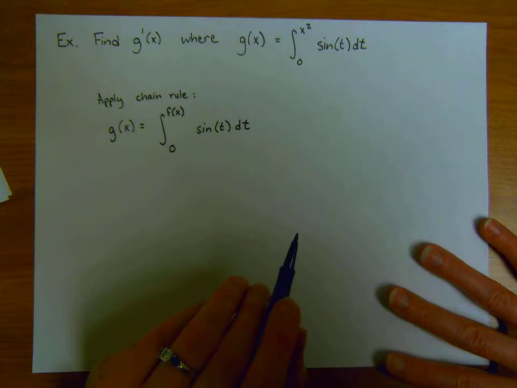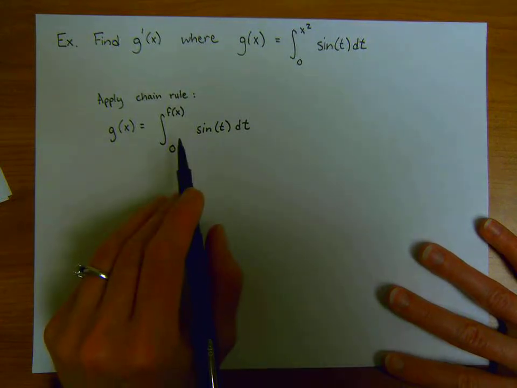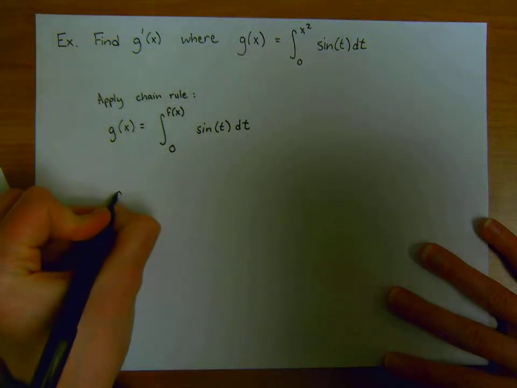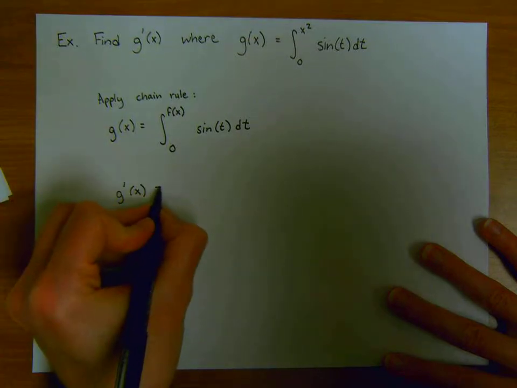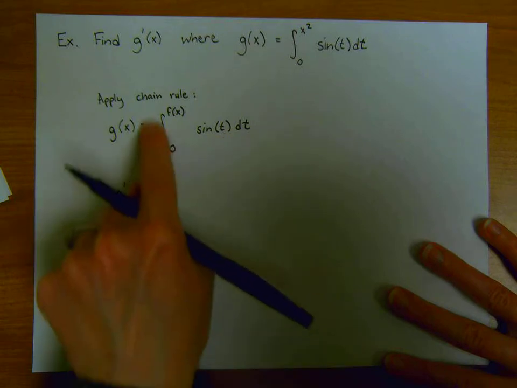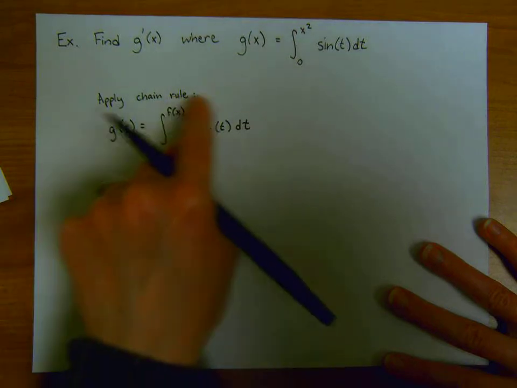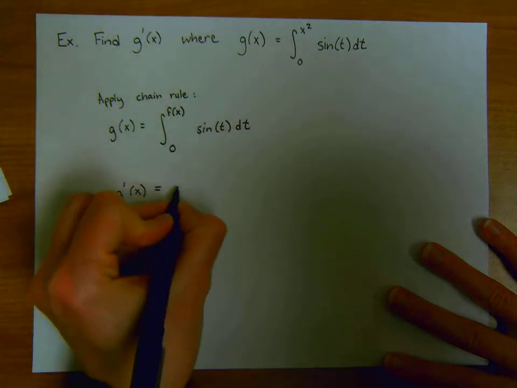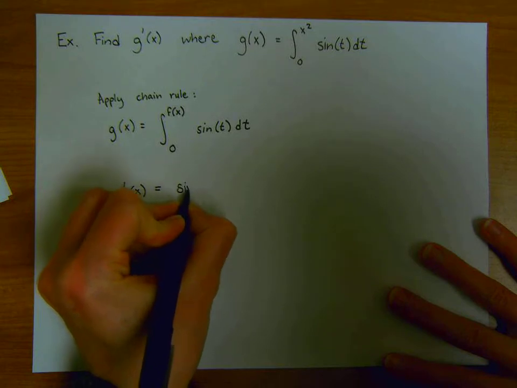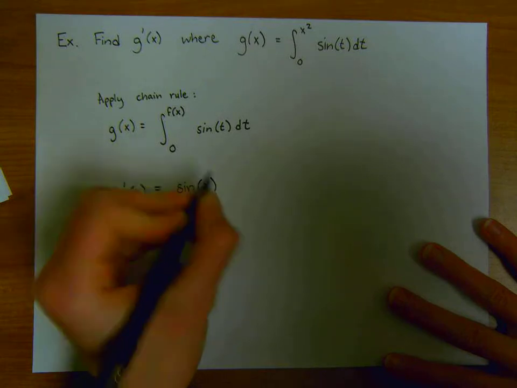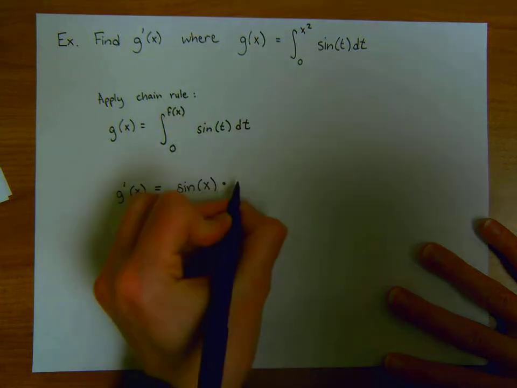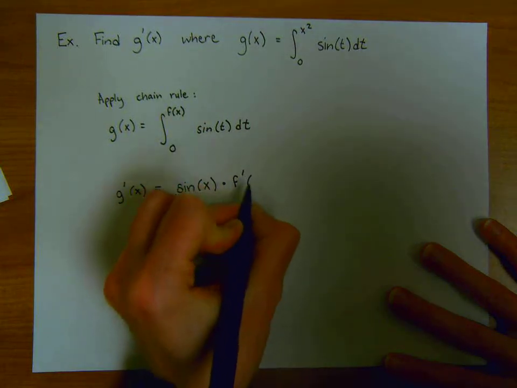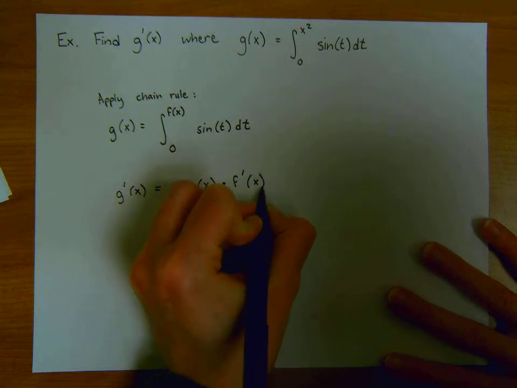So by the chain rule, g prime of x is going to be equal to the derivative of this outside function, which we know previously by the fundamental theorem of calculus is just sine of x, but I have to be sure to multiply by the derivative of the inner function, f prime of x.